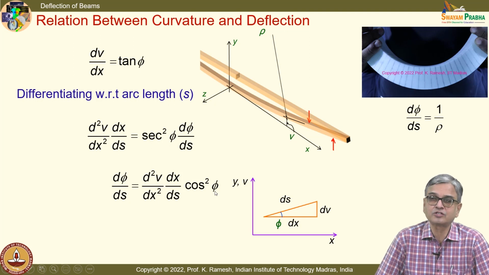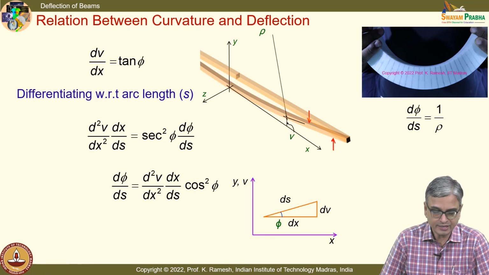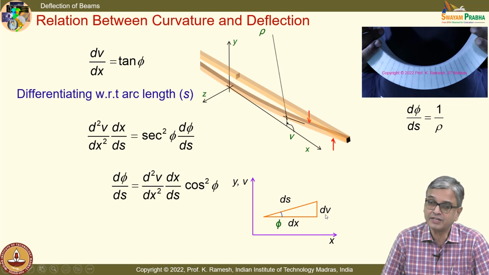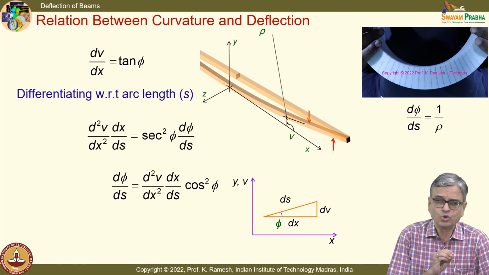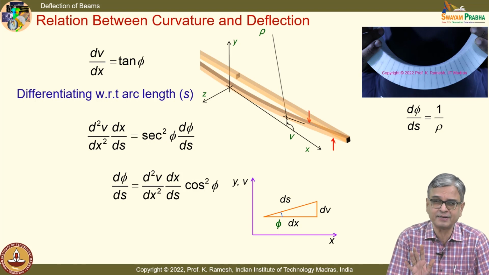Can you replace cos squared phi from the expression? When you look at ds, dx, dv, I can also find out cos phi. Cos phi is dx by ds. I am going to use this to replace. These are all very simple mathematics. In this chapter, though you learn many methods, the basics are very simple. There is no great mathematics involved.